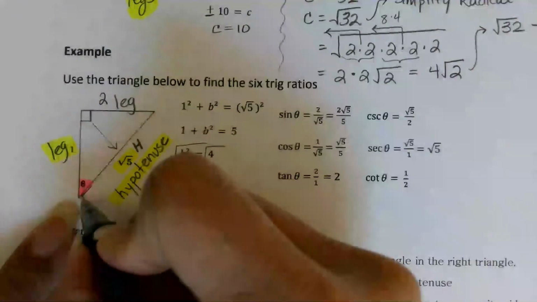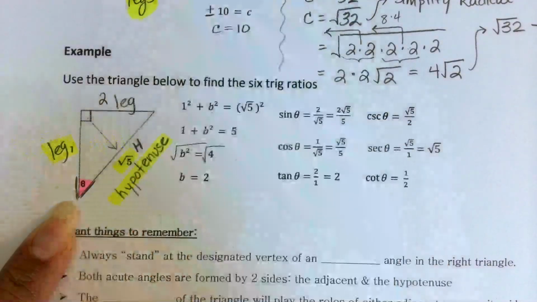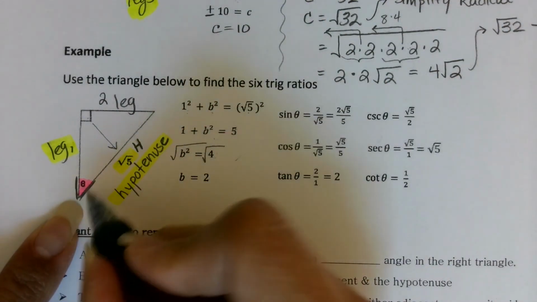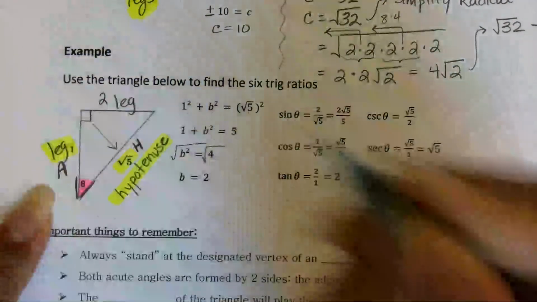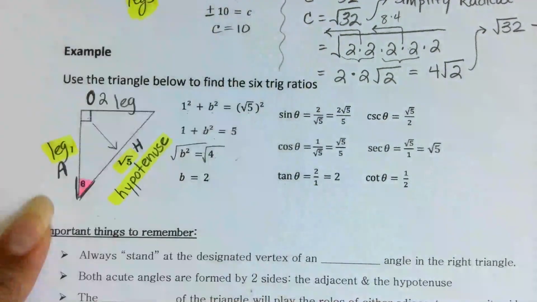Therefore, this and this that form our angle have to be made up of A and H. We already established that this side is our H. Therefore, this side is our adjacent. And the leftover side has to be our O for opposite.